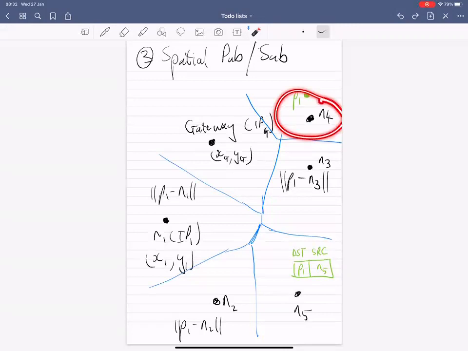You've got a bunch of nodes over here. They're not part of the Voronoi. They don't even have a spatial location, to be honest. All that happens with them is they're just connected to this node over here via TCP IP or whatever.